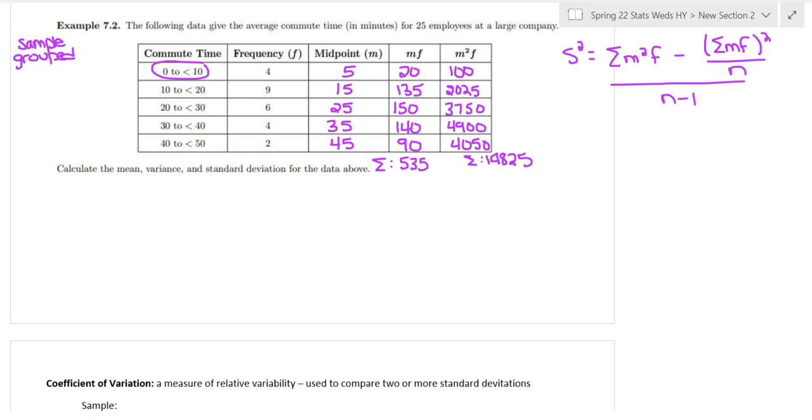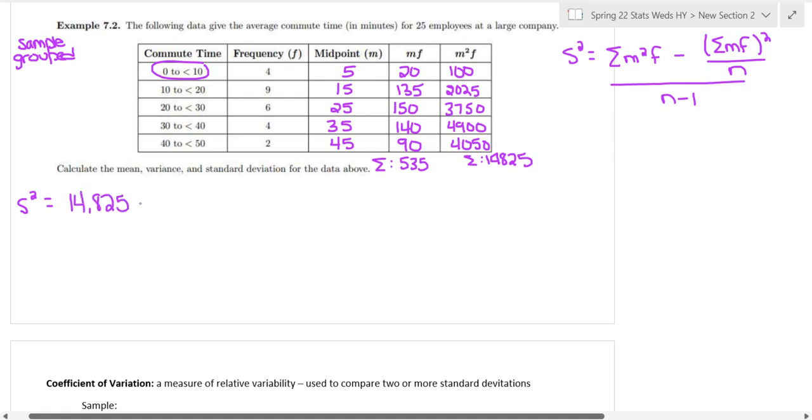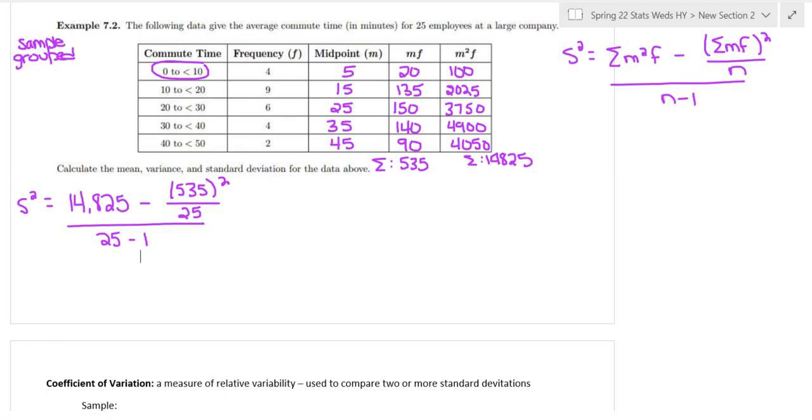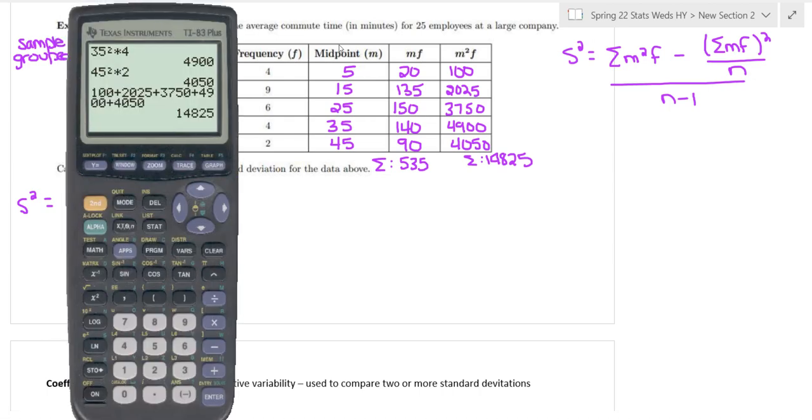Okay, so if we put that into the formula, then here for our standard deviation, we'll do the mean in a second. So our variance: the sum of m squared f, that's this 14,825, minus the sum of mf, which is 535, squared over n, which was 25, divided by 25 minus 1. And then we will make sure we do order of operations.